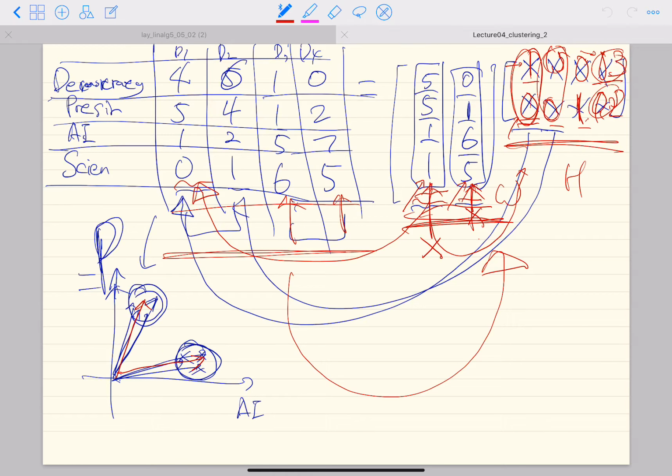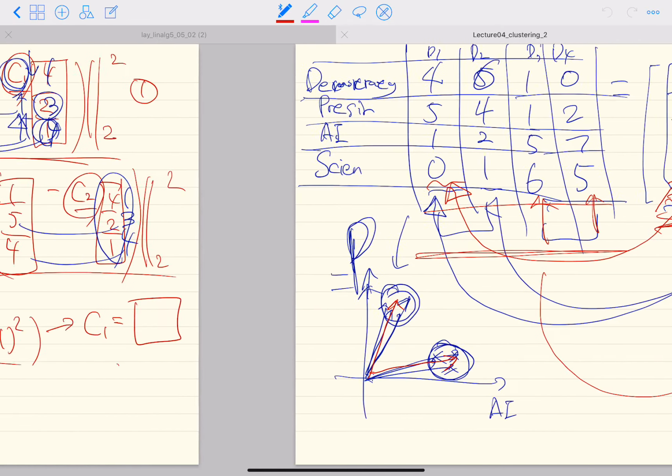So last time at the end of our class we discussed how to solve this matrix factorization problem using the block coordinate descent framework.